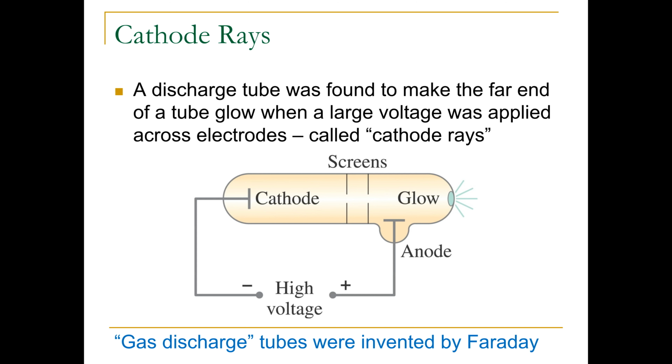So cathode rays are produced by gas discharge tubes, which are glass tubes containing a gas at low pressure. There are two metal electrodes embedded in the tube, and you can connect these to a strong battery or voltage source. When connected, you have a beam that passes through the glass tube.